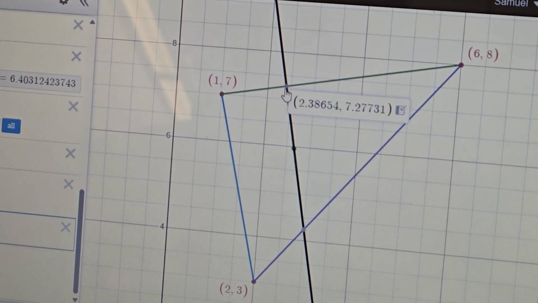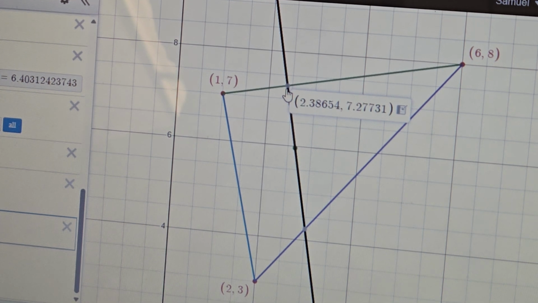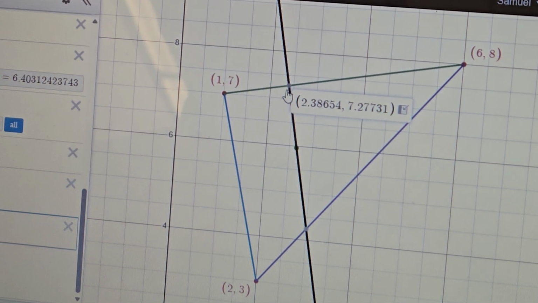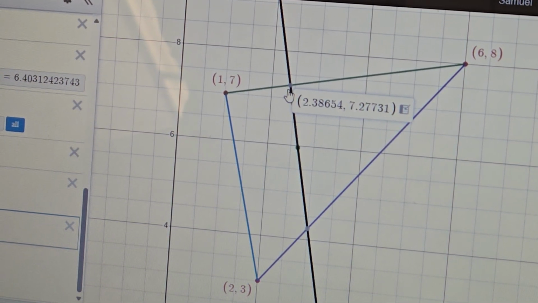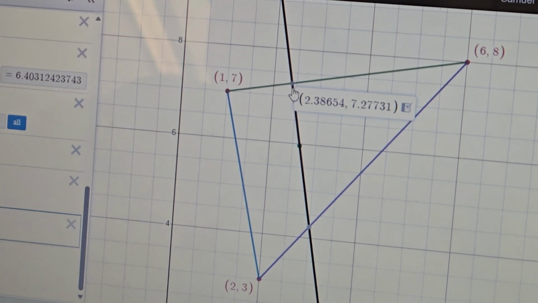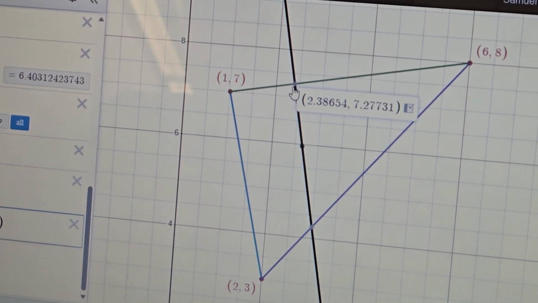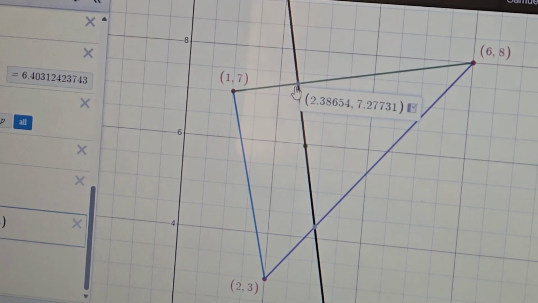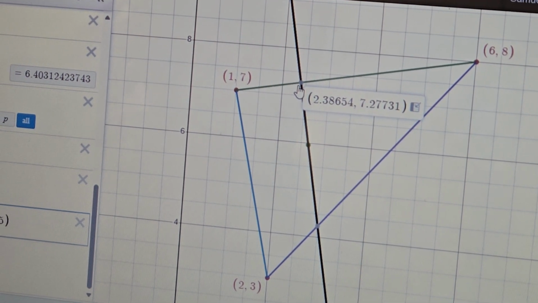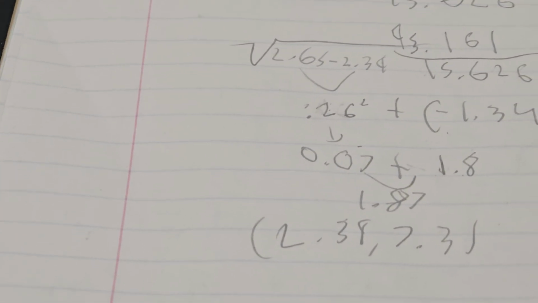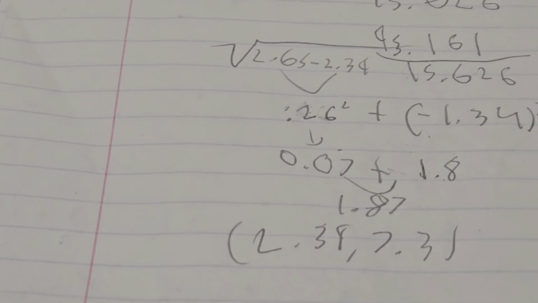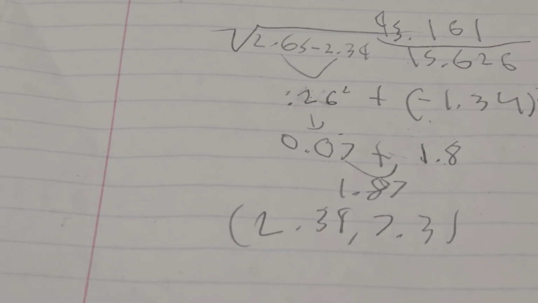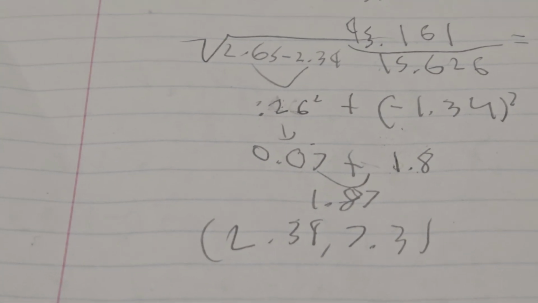This may look big, but you can round it to x is 2.39 and y is 7.3. Just leave that there. I got a radius of 1.87 by using the distance formula. I don't know what you got, but try it first and then try mine, because this is my first time.